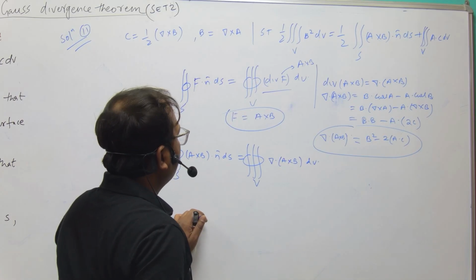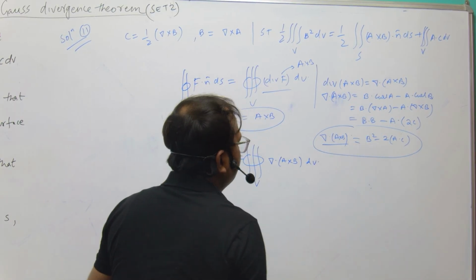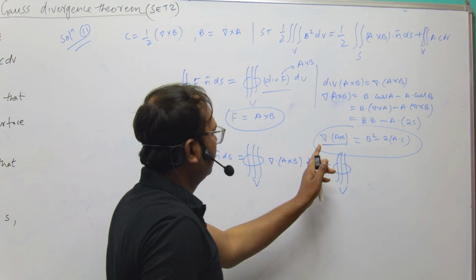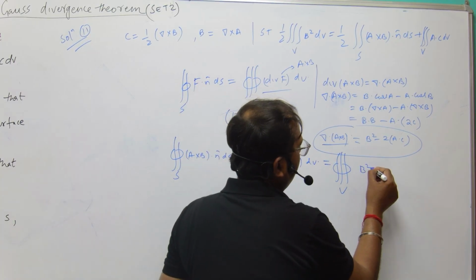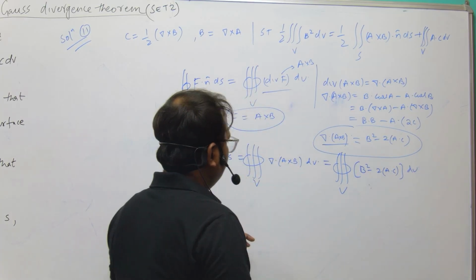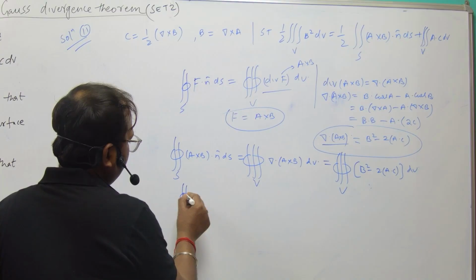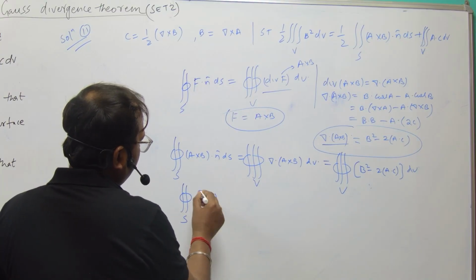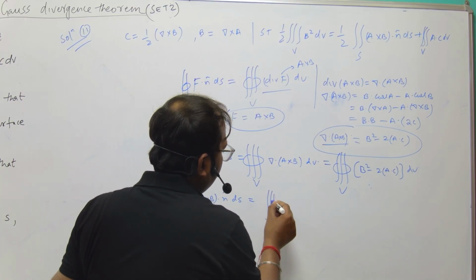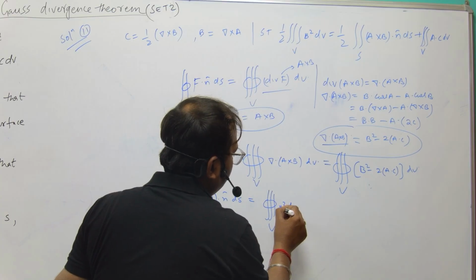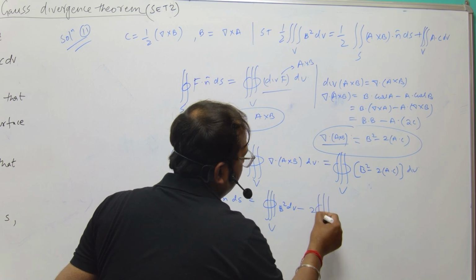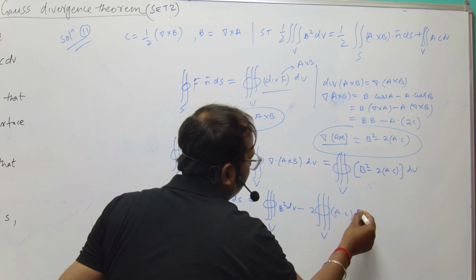Let us place the value of del dot A cross B. So this is equal to triple integration of B square minus 2 times A dot C dV. So surface integral A cross B dot n cap into dS is equal to volume integral B square dV minus 2 times volume integral A dot C dV.